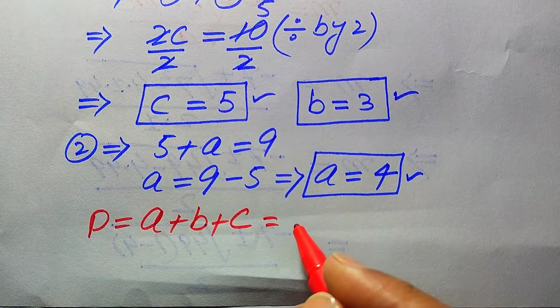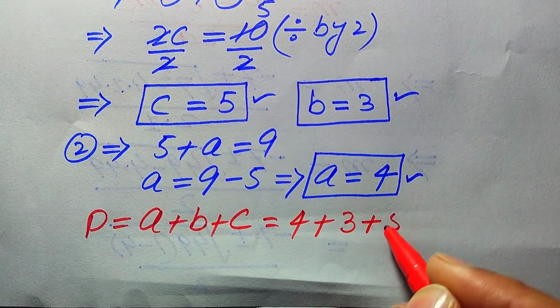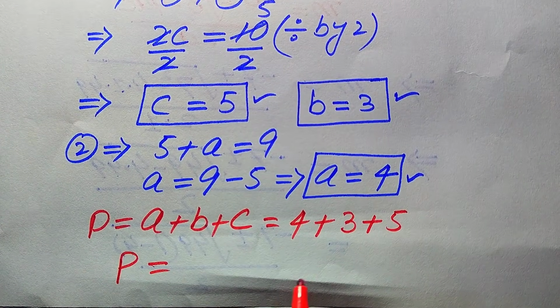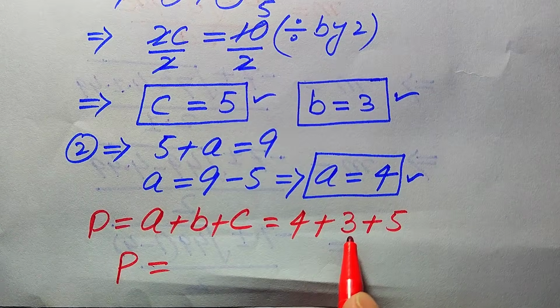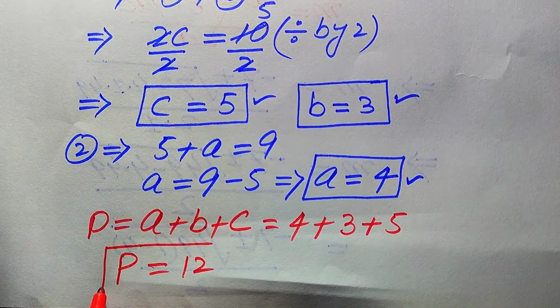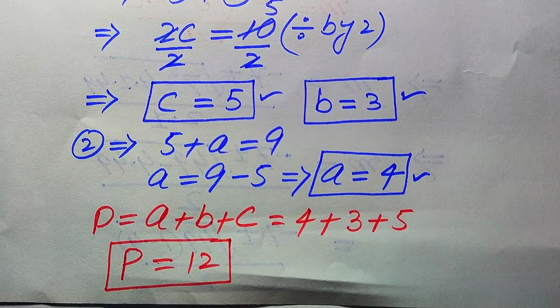So the value of a is 4 plus the value of b is 3 plus the value of c is 5. Finally we have P equals 5 plus 3 becomes 8, 8 plus 4 becomes 12. So we easily get the perimeter of the given triangle equal to 12.